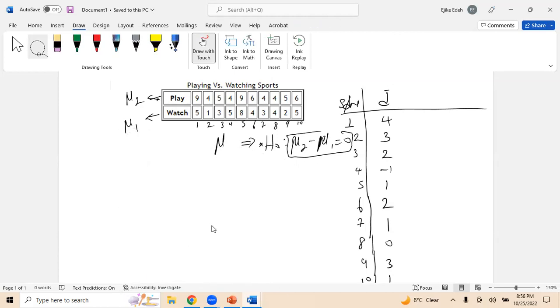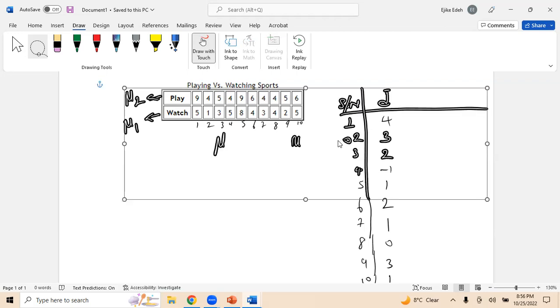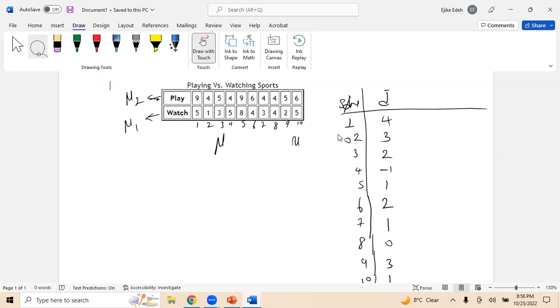Let's do a manual selection of these items. Okay, this one, and this one.